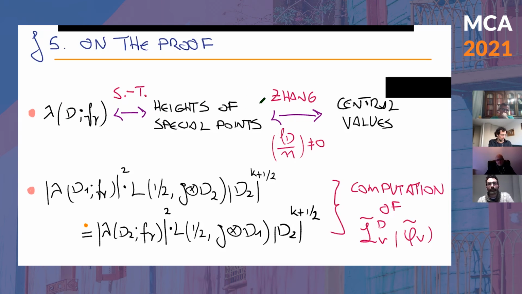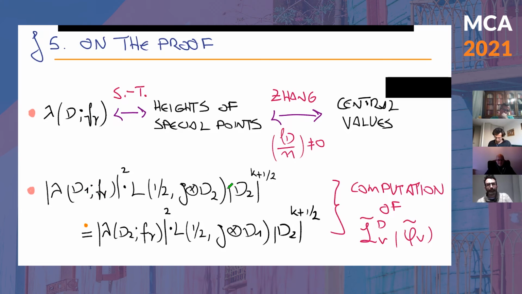One problem with Shan's formula is that it's going to relate both things only in the case of discriminants which are prime to the level. So in those other cases, this does not work. What we have to do to be able to handle this case is to prove a formula like this one I have here. This small dot is because I'm omitting some factors which are not meaningful.